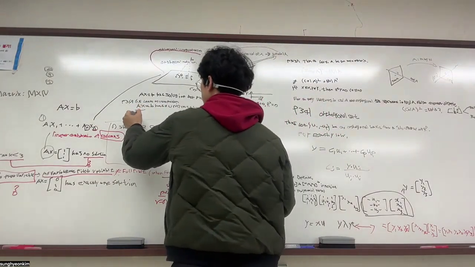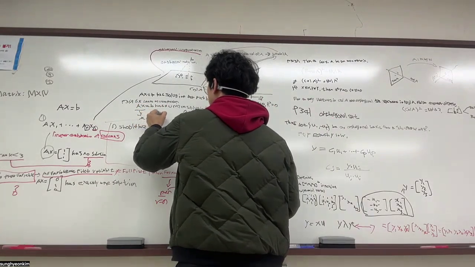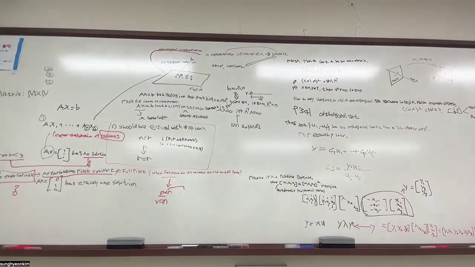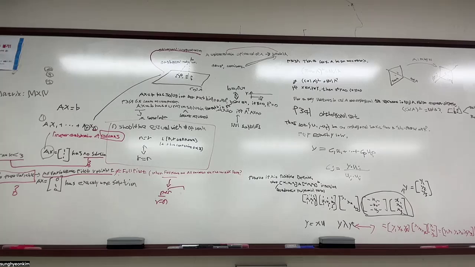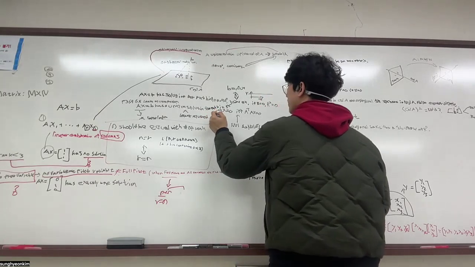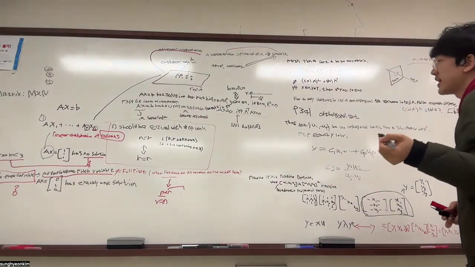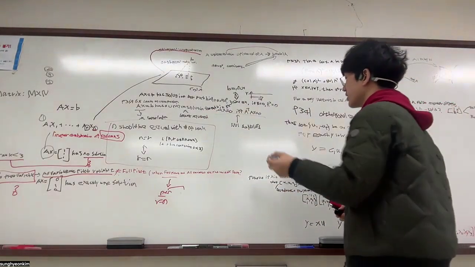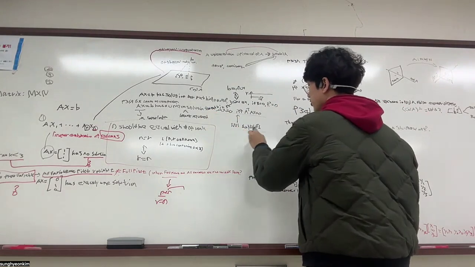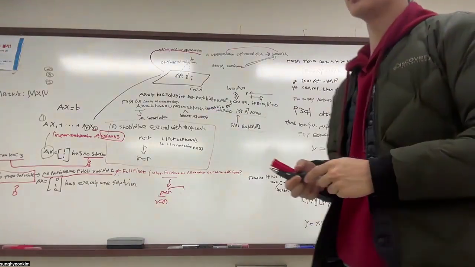So we can use that A should have linearly independent columns, and the matrix A transpose A is invertible. Ax equals 0 if and only if A transpose A x equals 0. And we can also use that null space of A equals null space of A transpose A.